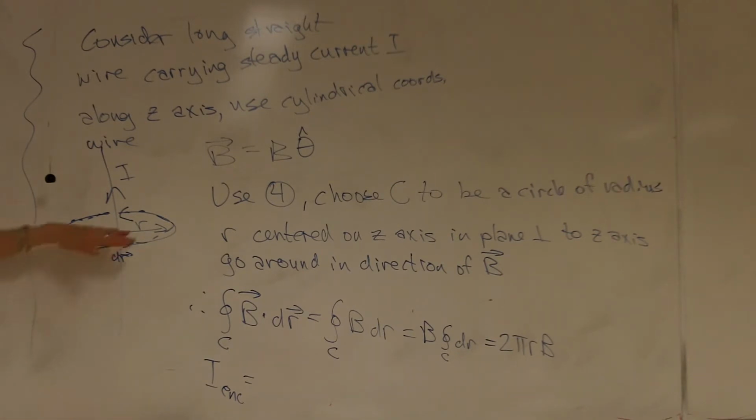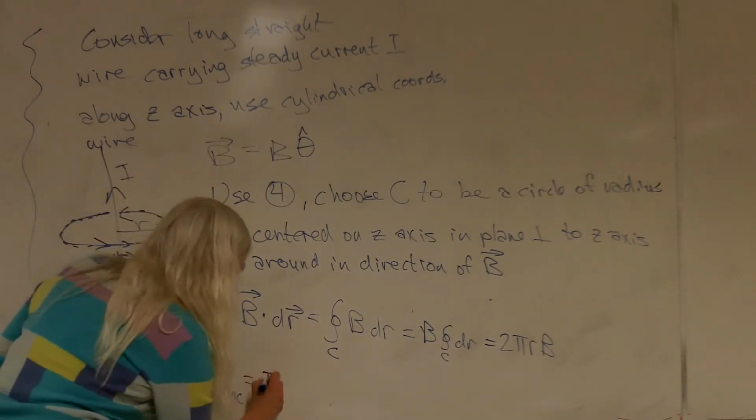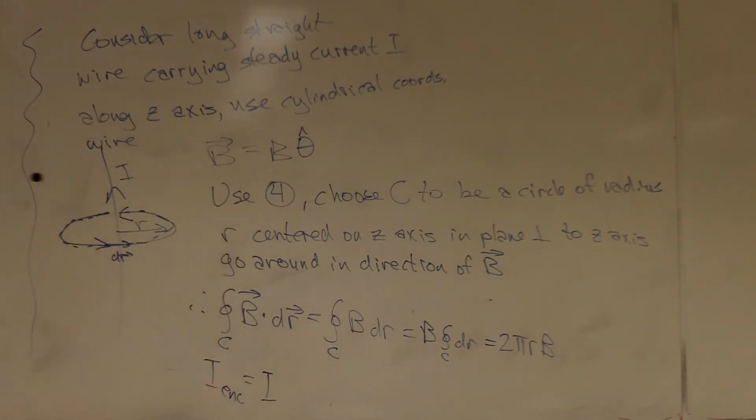When you pull it out, there's a membrane of soap film stretching across. The enclosed current means any current piercing that membrane, going through the interior of the loop. Clearly the current in the wire is doing that, so the enclosed current is just I, the current in our wire. So that's the first term on the right-hand side of the Ampere-Maxwell law.